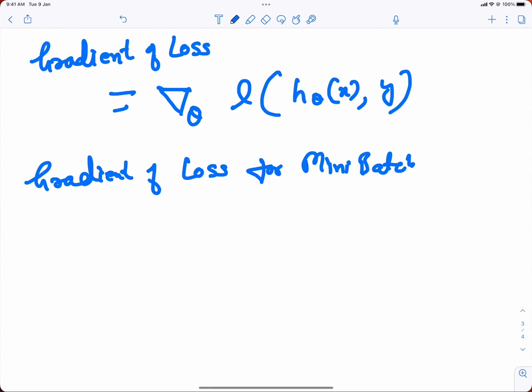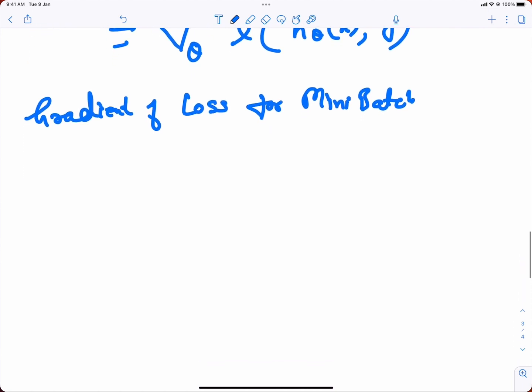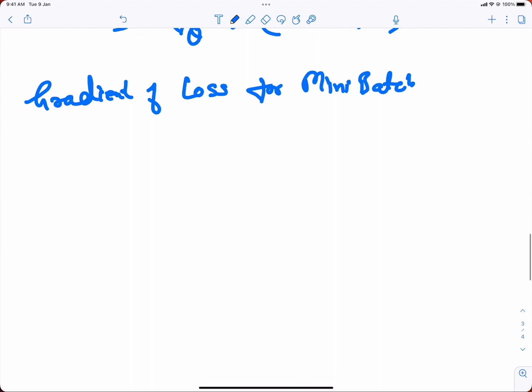If there are, say, 32 examples, we have created a batch. Then we add up all of these gradients of the loss and divide by the size of the mini batch.